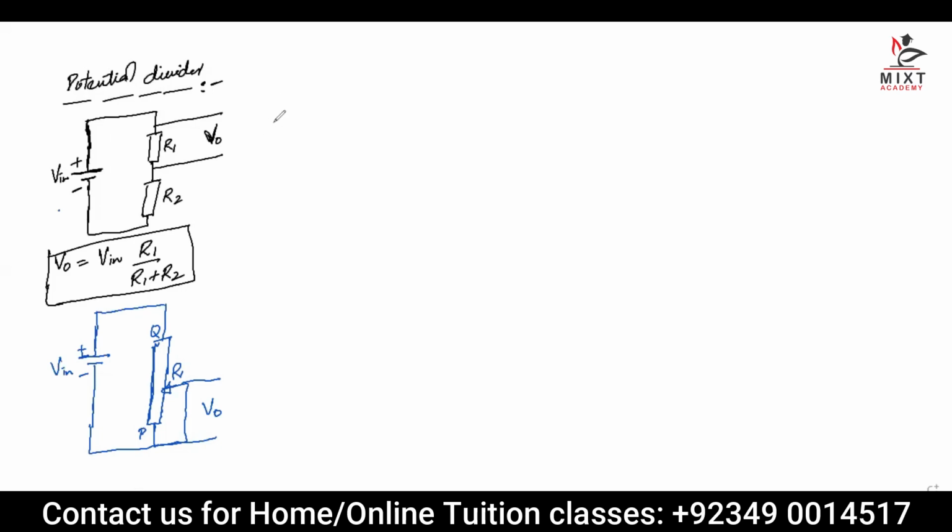So how will you write the equation? You write V out is equal to V in times the resistance of PR divided by PQ. With the help of this formula, you can find the output voltage across the resistance.